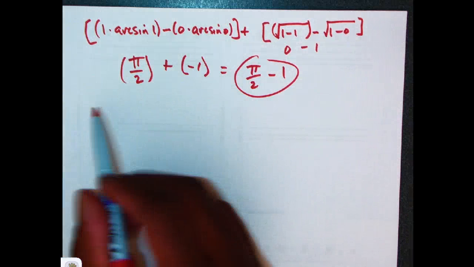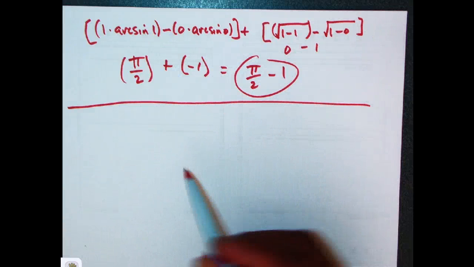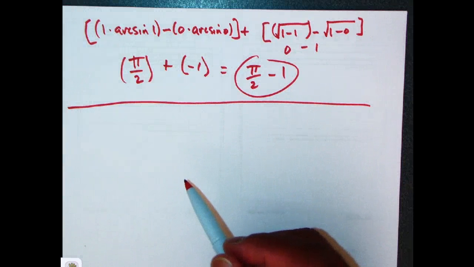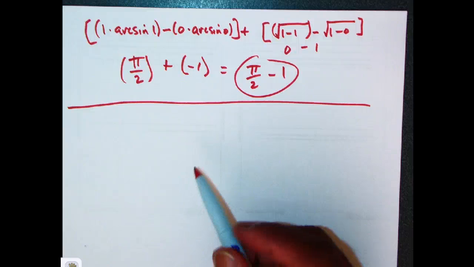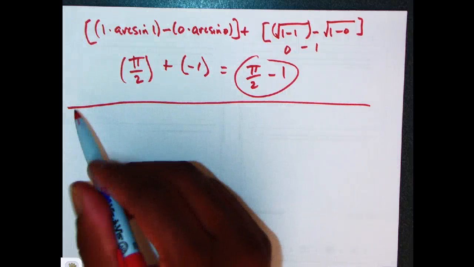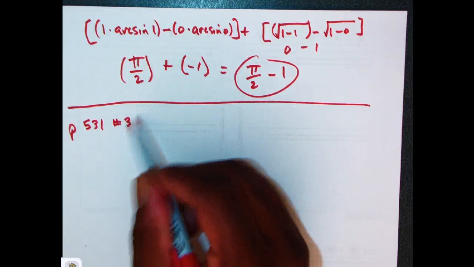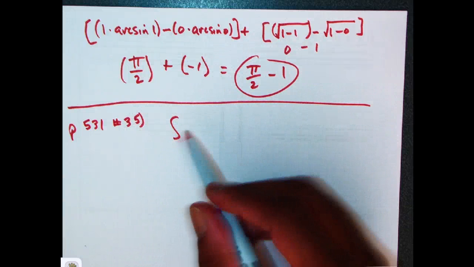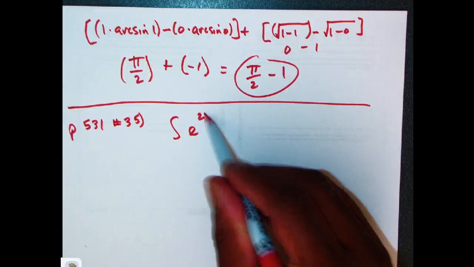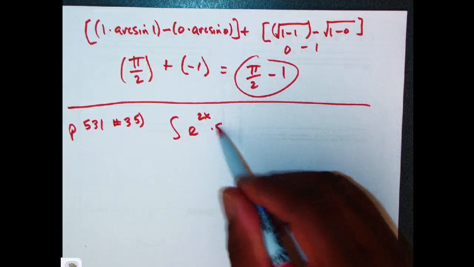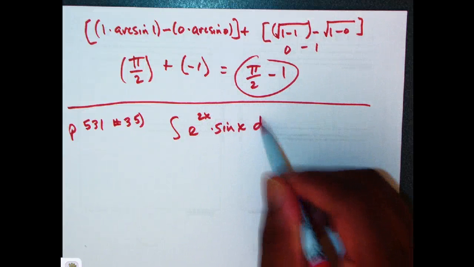Okay, your homework right before we went on break was section 8.2, 1 through 36. Let's take a look at number 35. So that one is the integral of e to the 2x times sine of x dx.